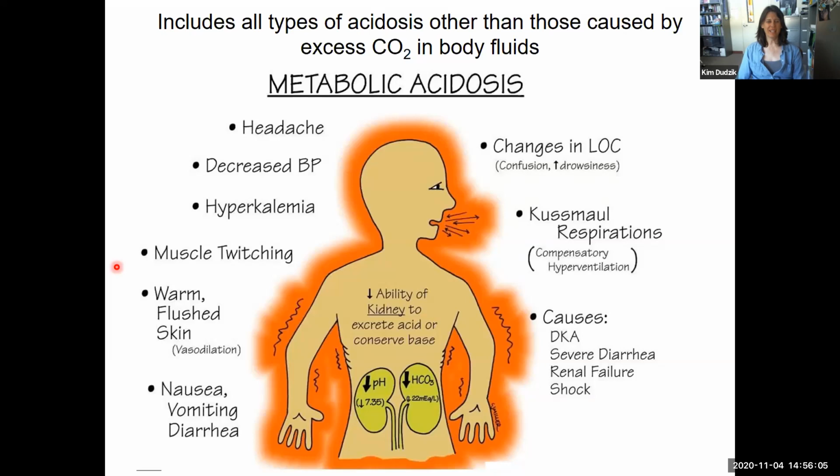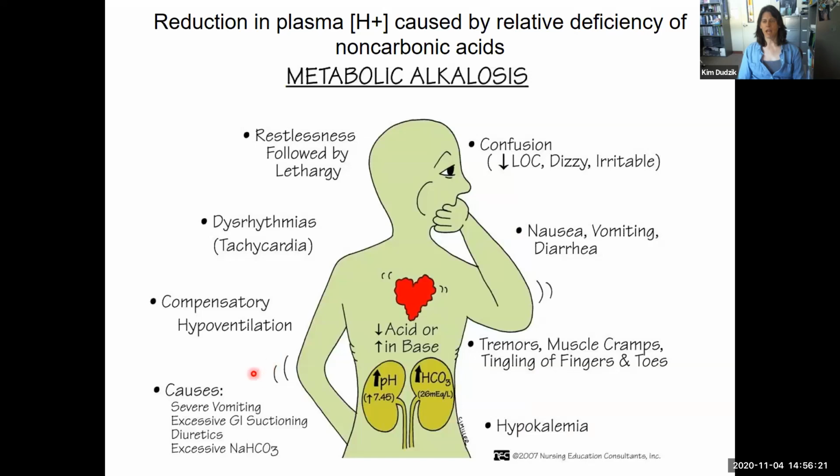And then again, the kidneys can secrete more hydrogen and conserve more of the bicarbonate, right? So again, you want to get rid of hydrogen ions and maintain more of the bicarbonate, right? And that's acidosis.